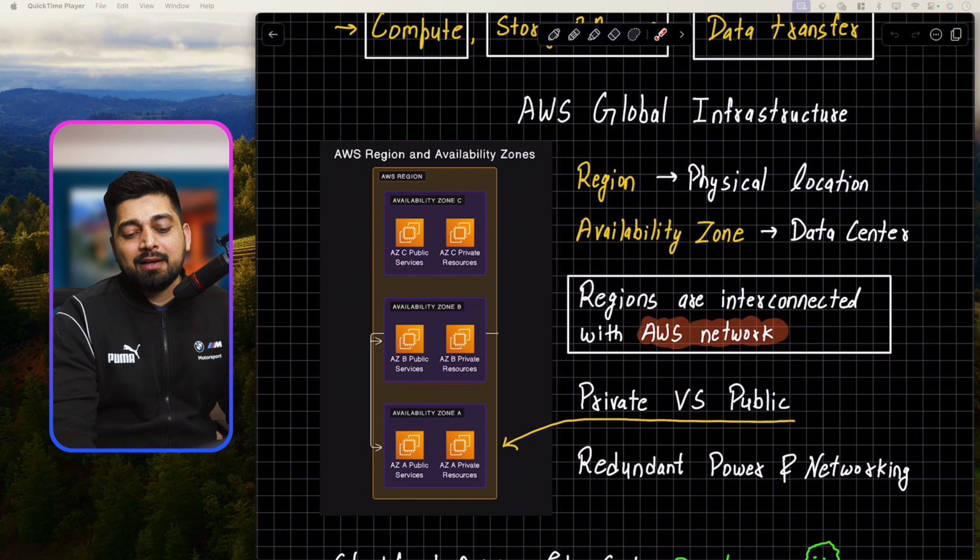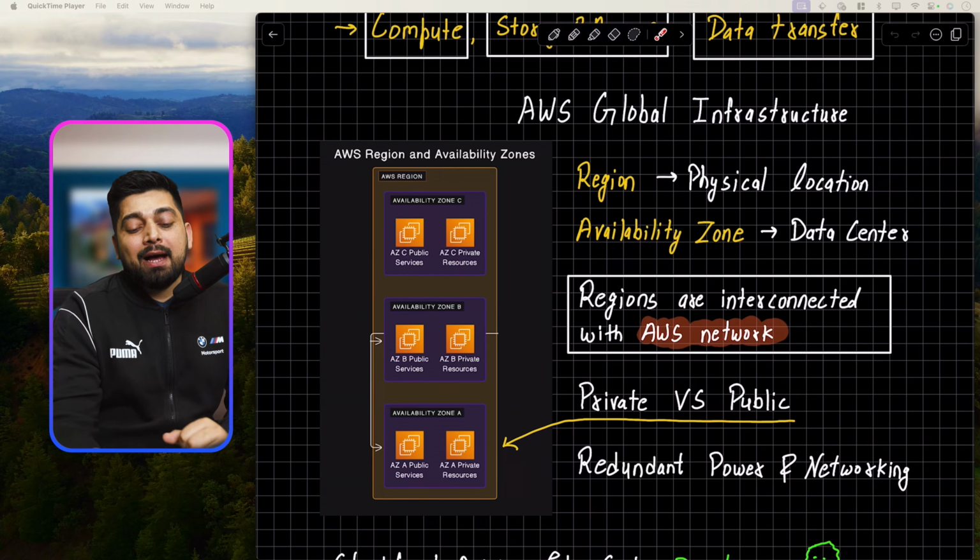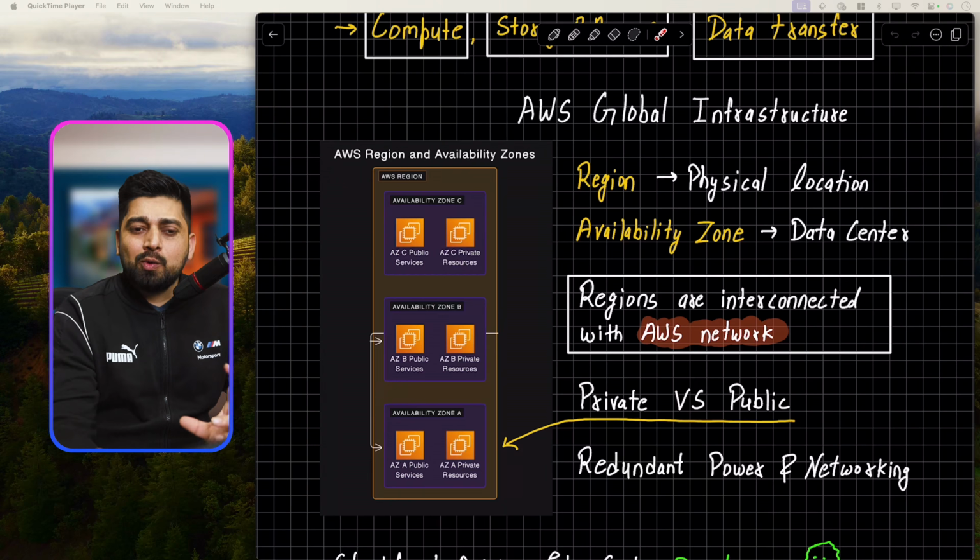Then on top of that, there can be private or public. What do you mean by public and private here? You can assume that public is something which you can access from the internet. Private is something which is not for your access. Let's just say these are 2 machines that we have, and this is the database. The database has no way to get connected with the outside internet.